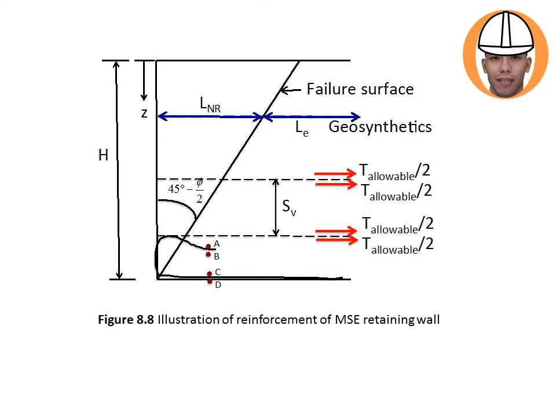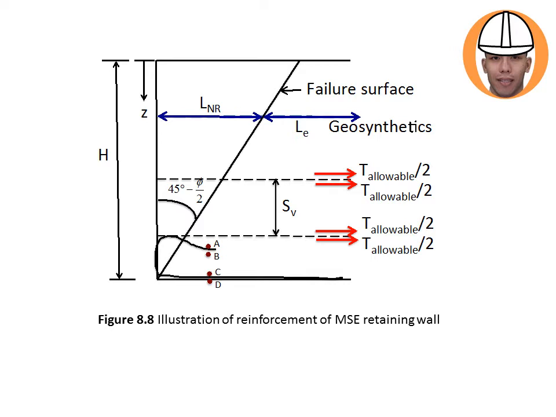So L_R is simply the length, okay, from the face to the failure surface. L_E, on the other hand, is from the failure surface up to the required embedment length. So this is similar to the development length in RCD.